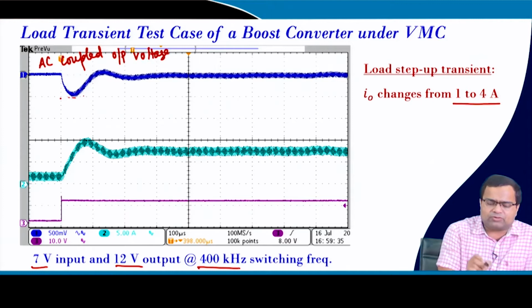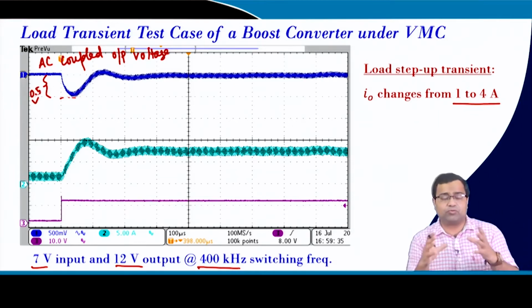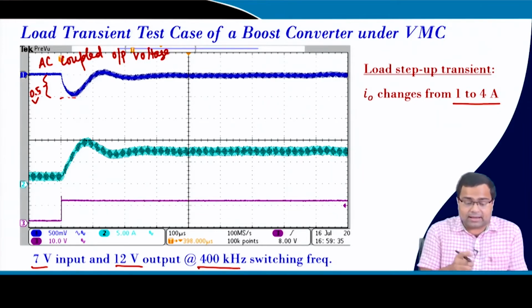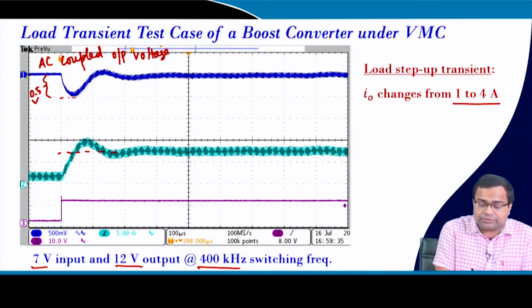We are getting some overshoot and undershoot, right. The undershoot is almost 0.5 volt because this division is 0.5 volt, and this may be too large for 12 volt. The current also has some overshoot, because if you check here to here there is a certain overshoot in the current.